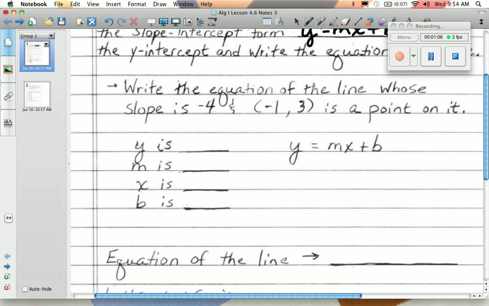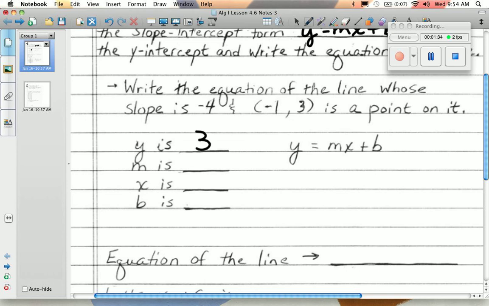We haven't learned how to solve when there's two variables involved yet, but we know how to do one. How many variables do we have in our slope-intercept form? 4. If we could replace 3 of those things, we should be able to solve for the 4th, right? Okay, so do we have 3 things? Yes. What's our y value? 3.